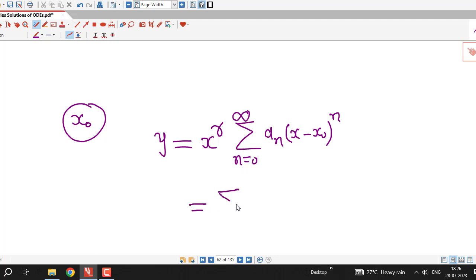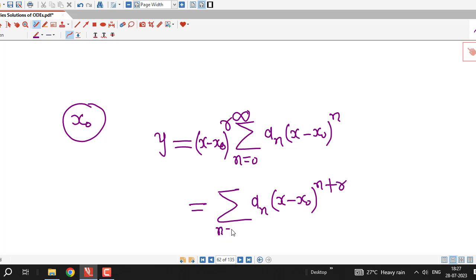Or we can write it in this form also: sigma a n (x minus x0) to the power n plus r, where n equal to 0 to infinity. Here r is any real number or any complex number.